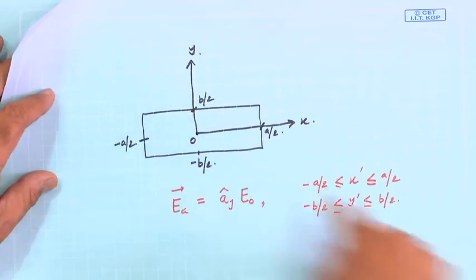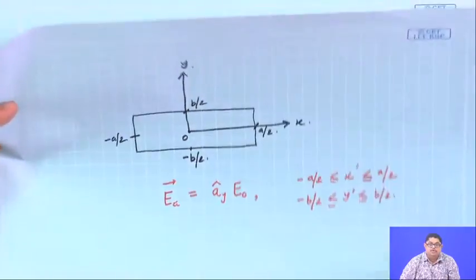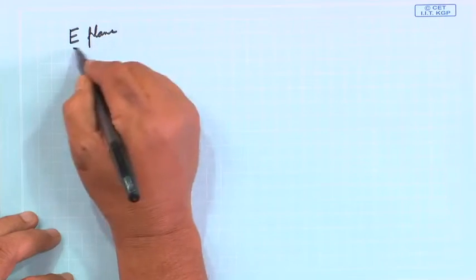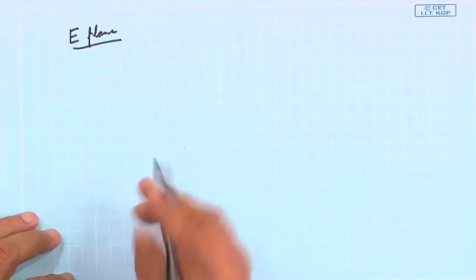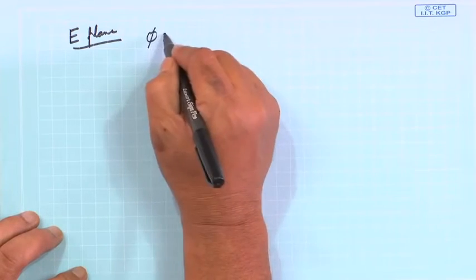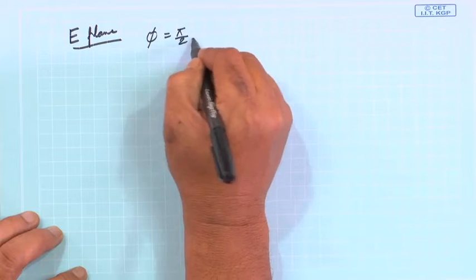Since our actual aperture field is y directed, we can define the principal planes. One is the E plane, which is the yz plane.